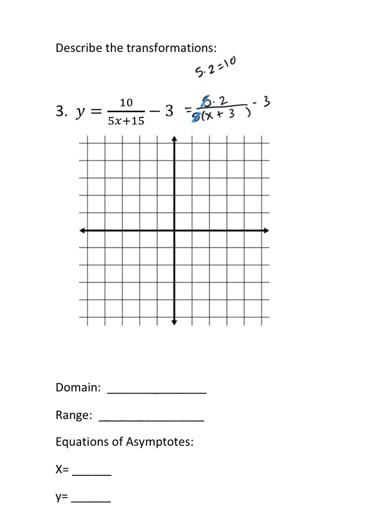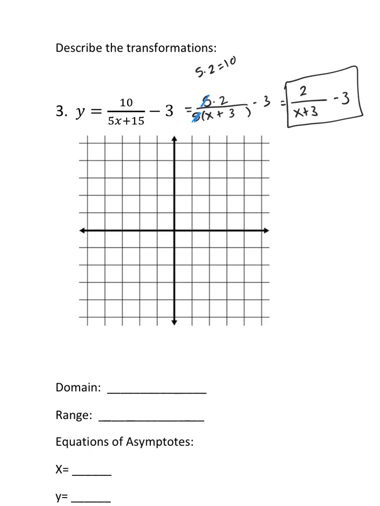You're not going to have anything like that on your test, but just as a way to make you think outside the box, that's a fun trick that you can use. So now you're left with 2 over x plus 3 minus 3. Do not combine the plus 3 that's on the bottom of the fraction with the minus 3 that's on the end of the fraction. You cannot combine those, so just leave it as is. So this is your fully simplified function, okay?